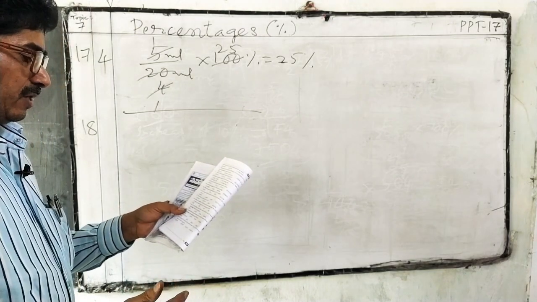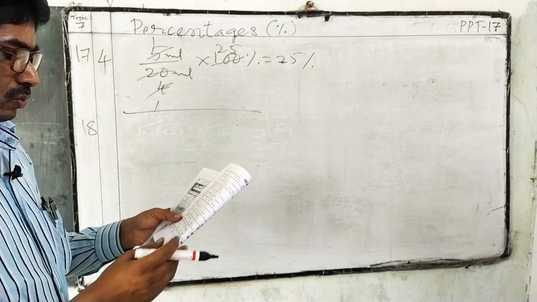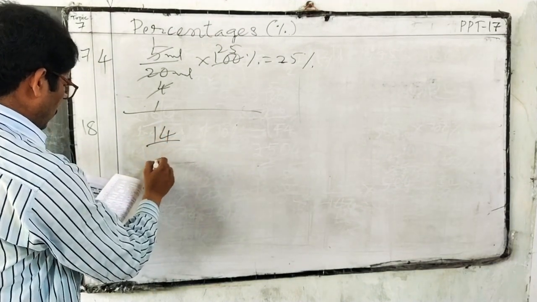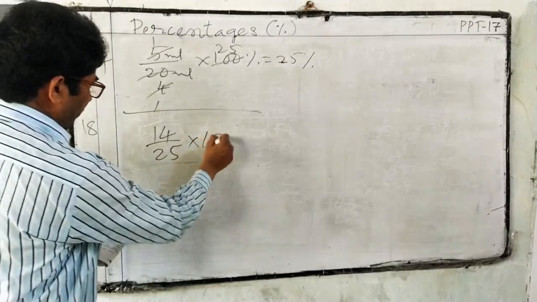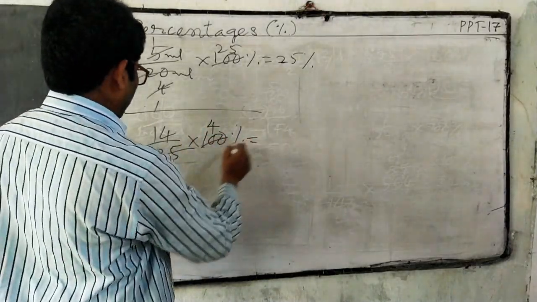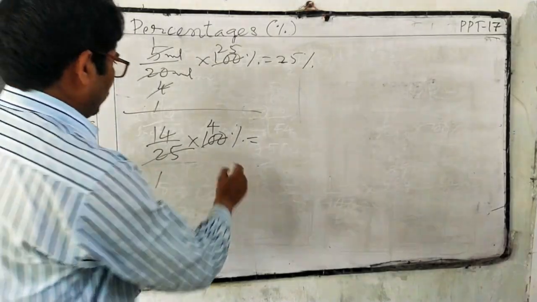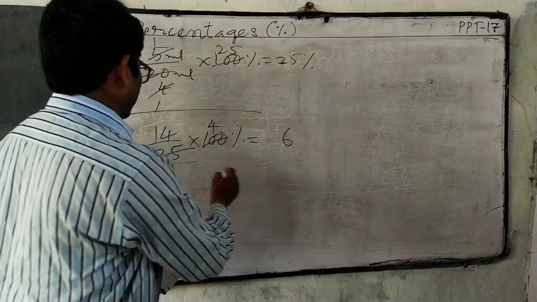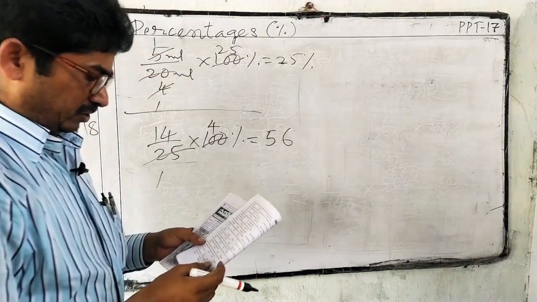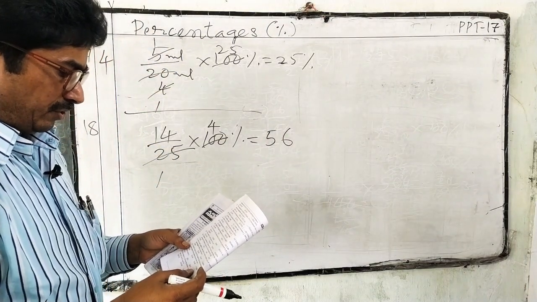Fourteen out of 25 students ride a bus to school. 14 out of 25, percentage: 25 ones are 25, 25 fours are 100, 14 fours are 56. 56 percentage.